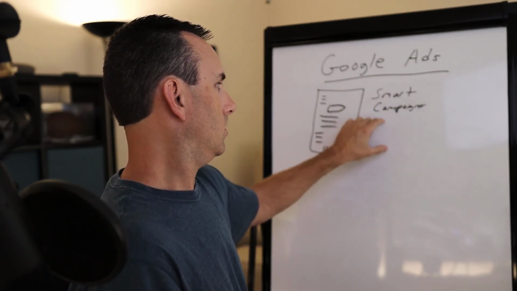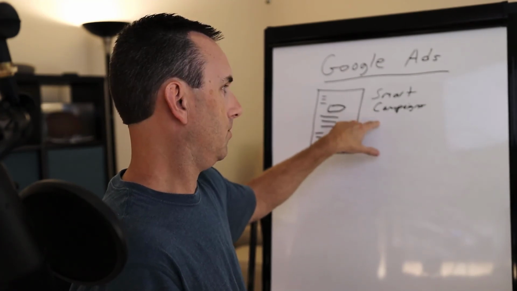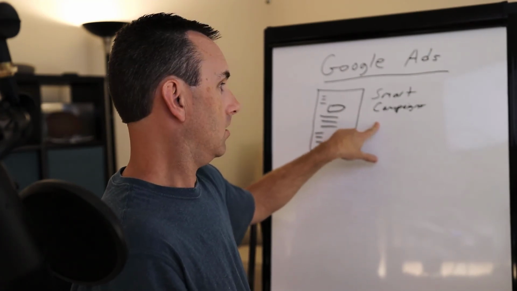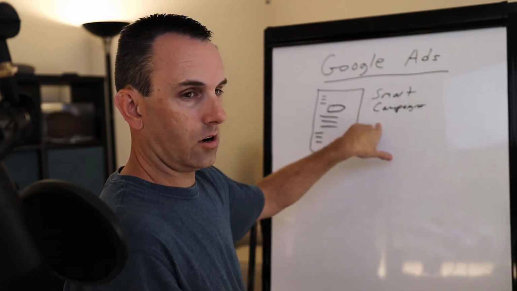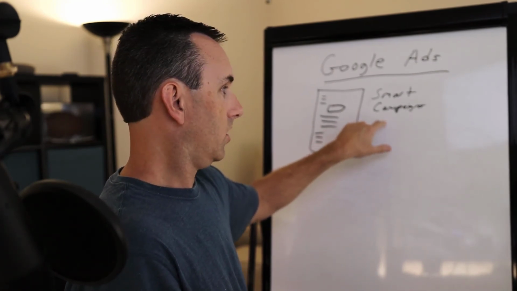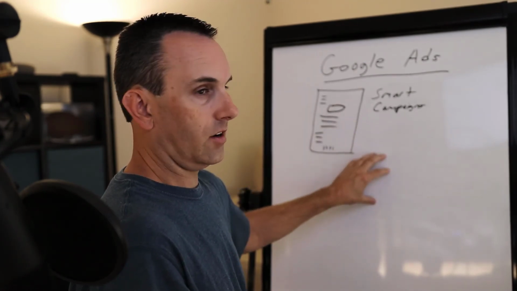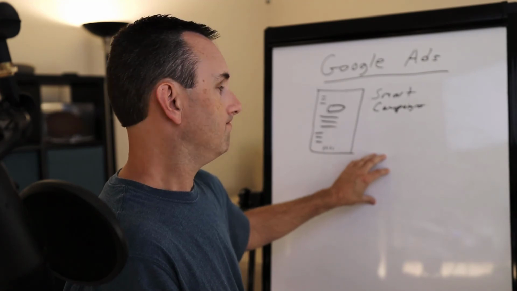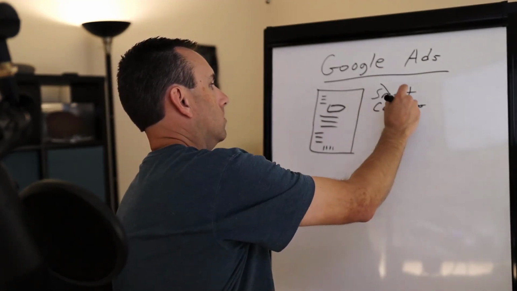The problem with this is you overpay big time. I saw one company that was spending about $400 a day on smart campaigns, and they were getting very few leads, and the leads that were coming in were very poor quality. So smart campaigns, we just don't do those.